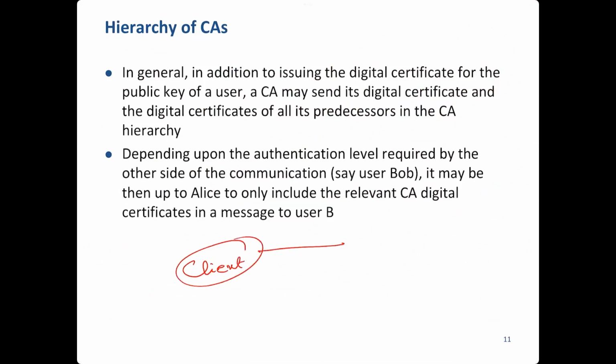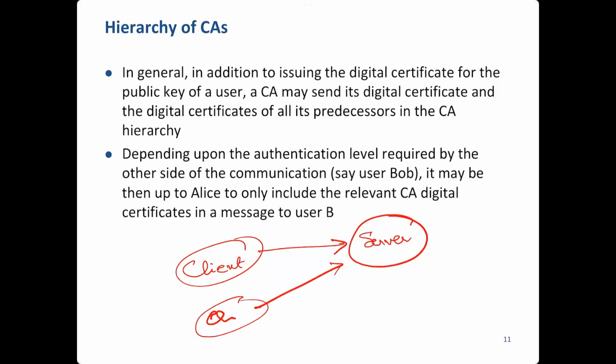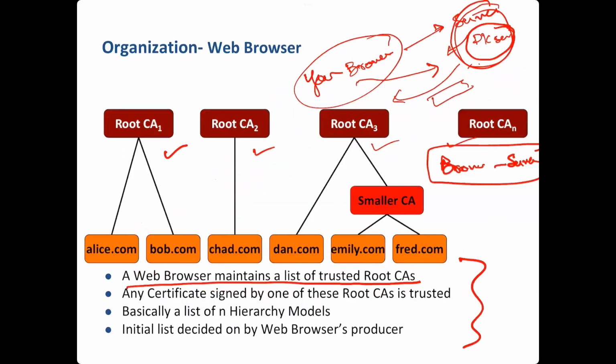In general, most of the time we use the client-server model, like an Amazon server or your Google server. There can be any client that sends a request to the server, and the server will respond back. It's not that both have equal importance, as in peer-to-peer communication. That's another technology.